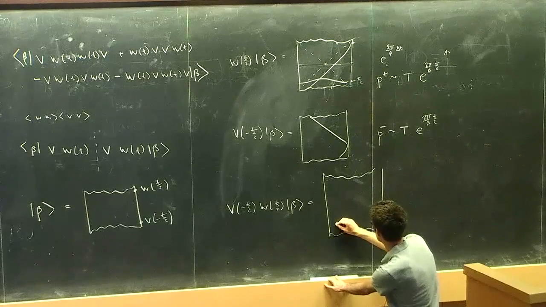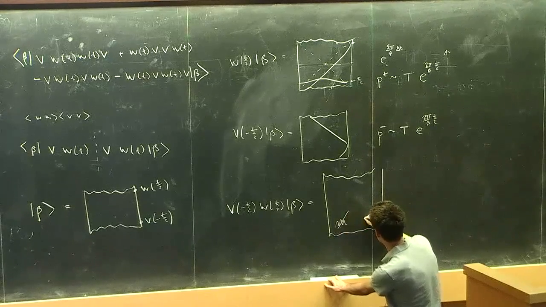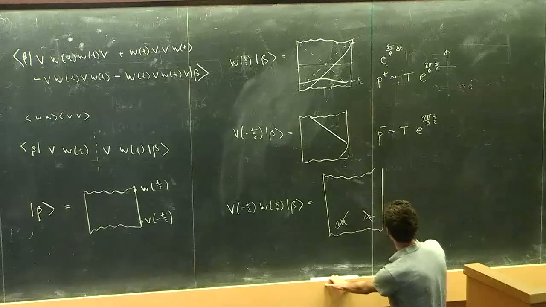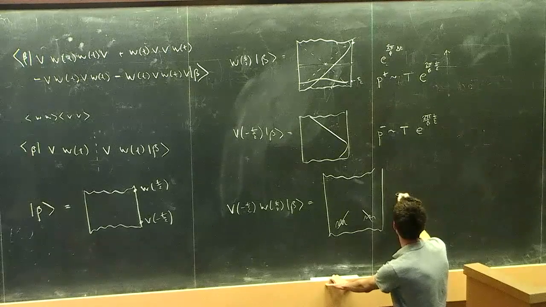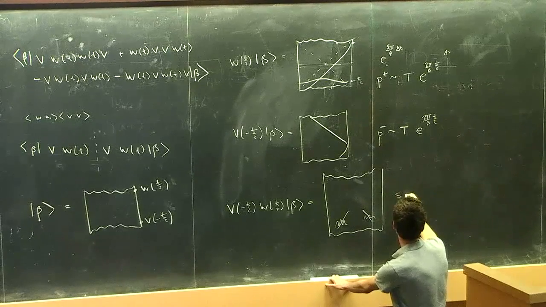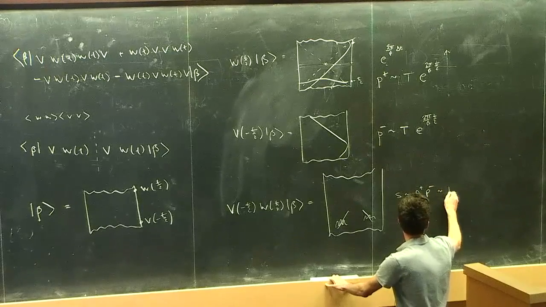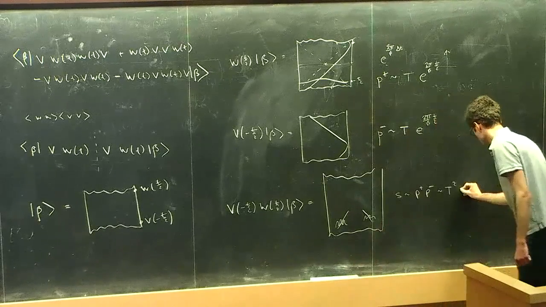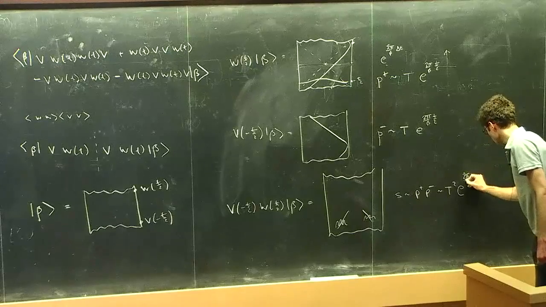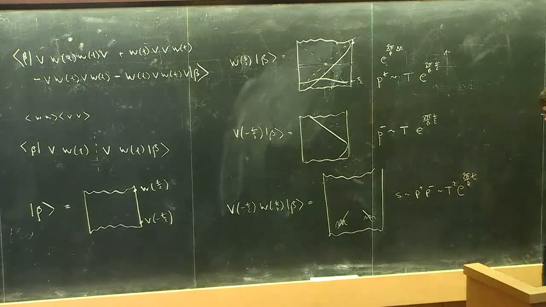We have a W quantum and a V quantum, and they're highly boosted with respect to each other. The center of mass energy, P plus, P minus, is of order T squared times e to the 2 pi over beta times t.